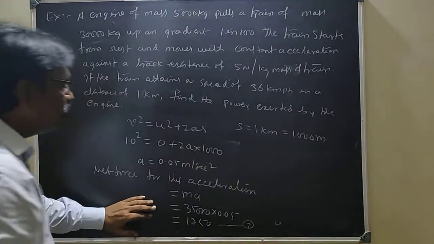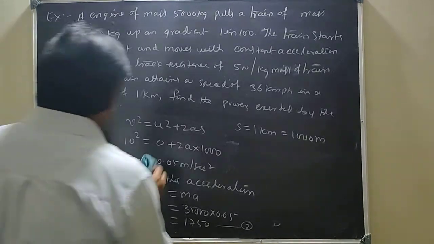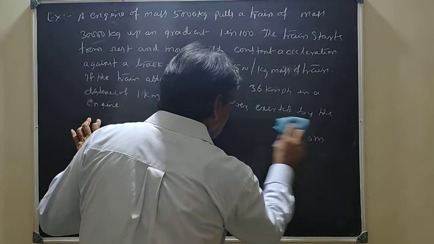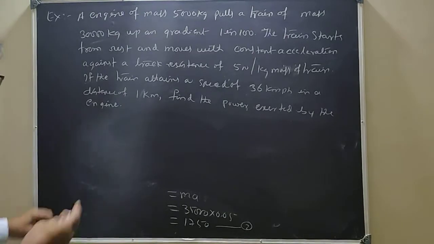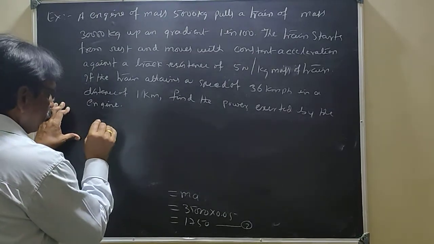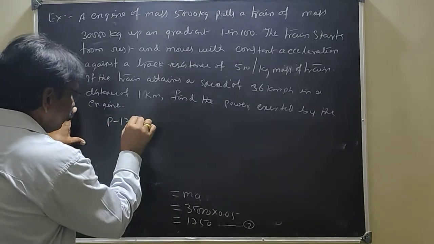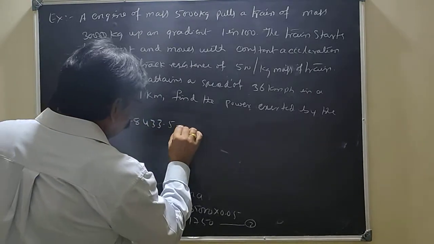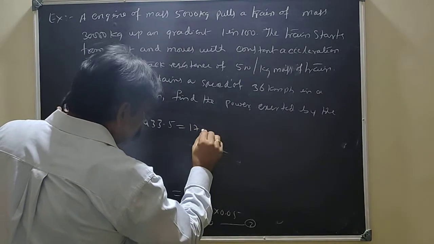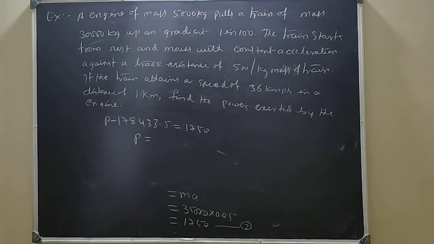Call it this 2. Equating 1 and 2, we get P minus 1,78,433.5 must be equal to 1750.